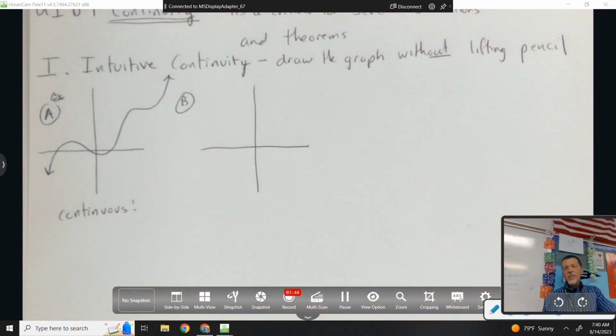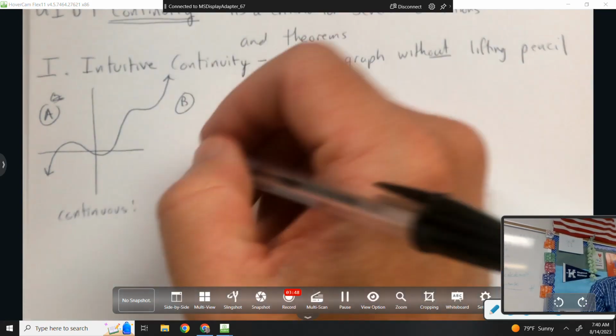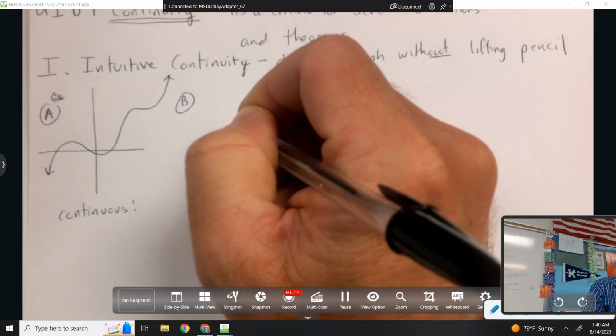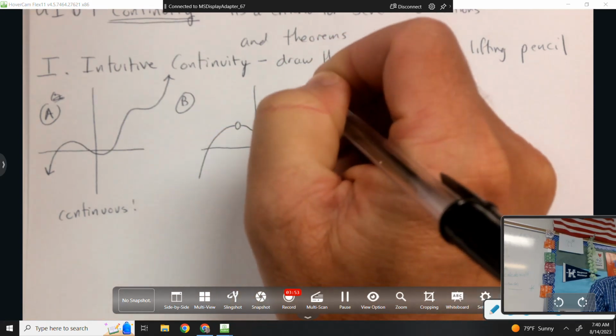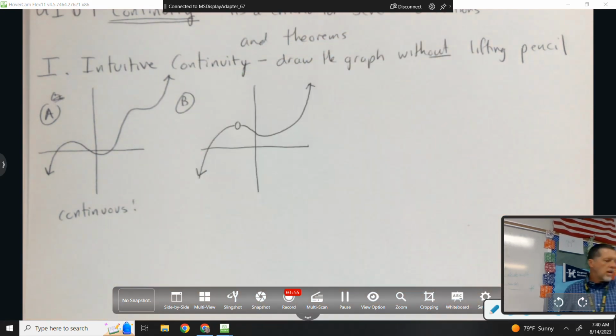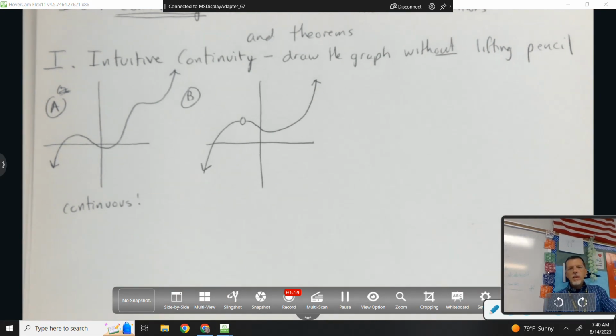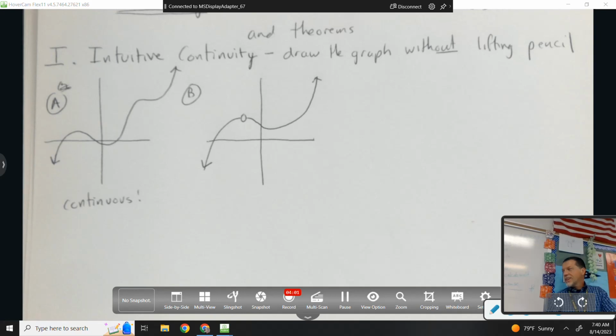So now let's start drawing graphs that are not continuous. Let's put a hole in one here. And your graph doesn't really need to look exactly like mine. It just needs to have a hole in it somewhere.